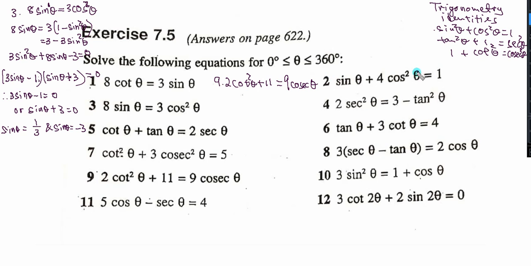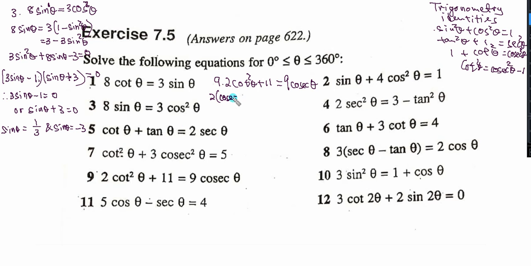Cotangent squared theta, if I bring the minus 1 over, is equal to cosecant squared theta minus 1.